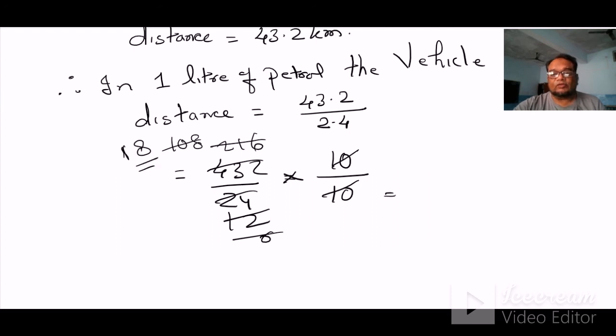So in 1 liter of petrol, the vehicle covers a distance of 18 kilometers. So this is the end of exercise 2.7, in which we learned how to divide one decimal by another decimal. Hope you understand well.